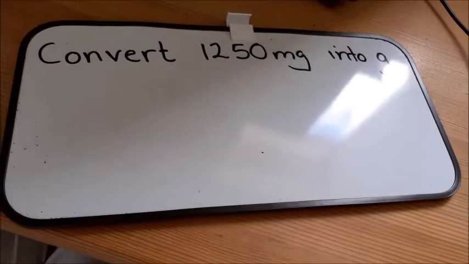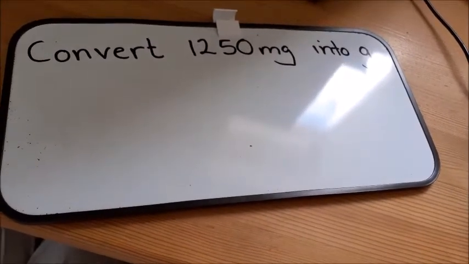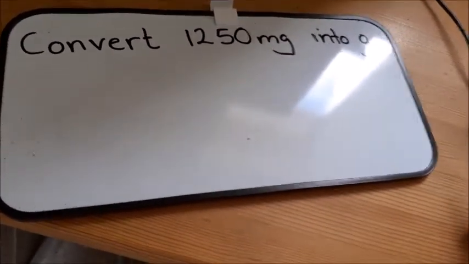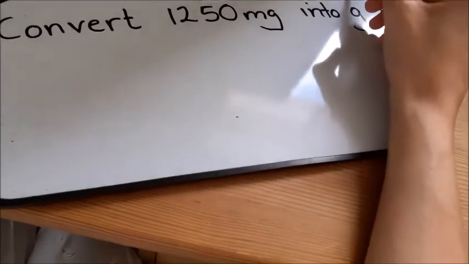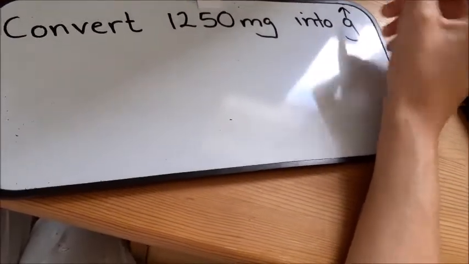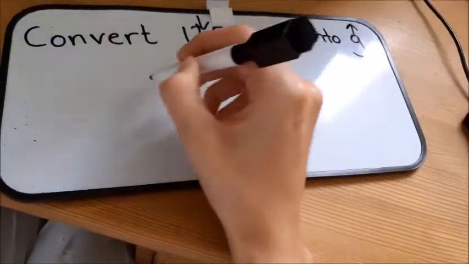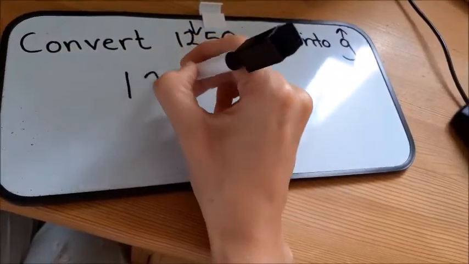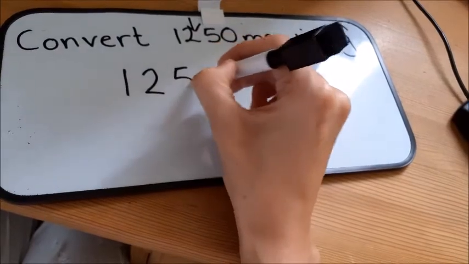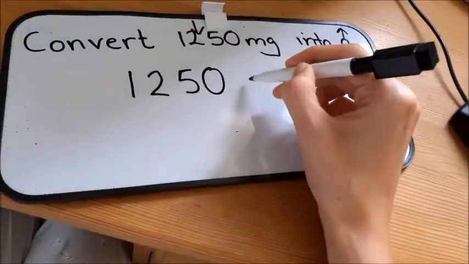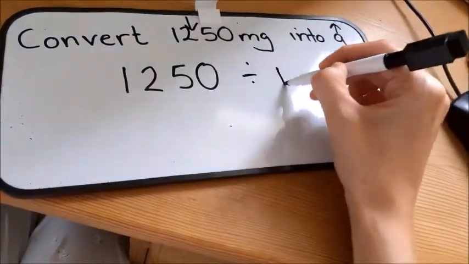Okay, convert 1,250 milligrams into grams. Again, my simple rule that this is a larger measurement, so this number here is going to become smaller. So we're dividing here. 1,250 milligrams divided by 1,000.